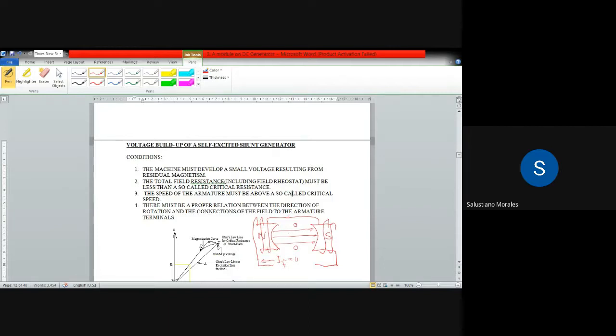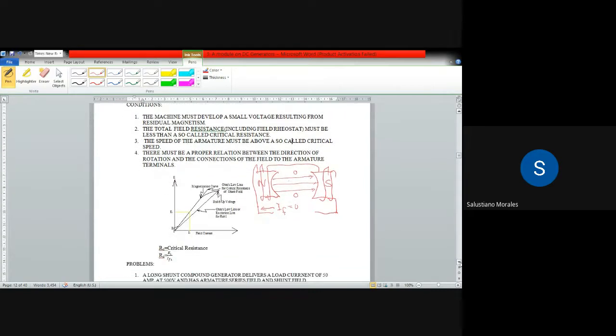And from that, if we have already generated a small amount of voltage, that is applied again to the field winding based on the schematic diagram of a shunt generator like this. So if we have already a residual voltage as our output at that instance, this is now applied to the shunt field, causing now to have a field current, also called the shunt field current.